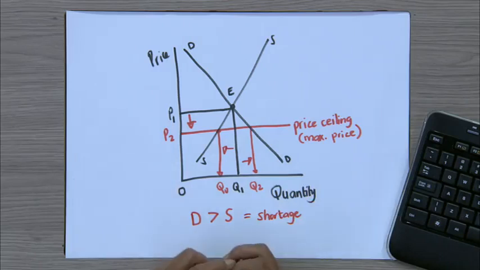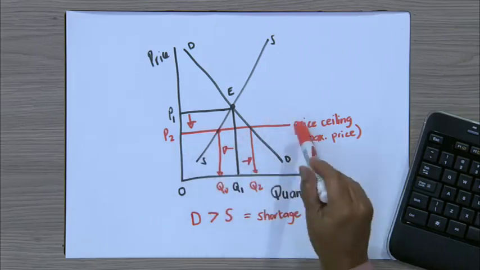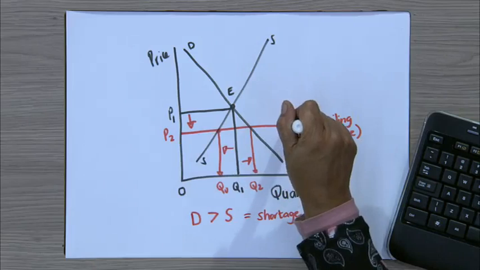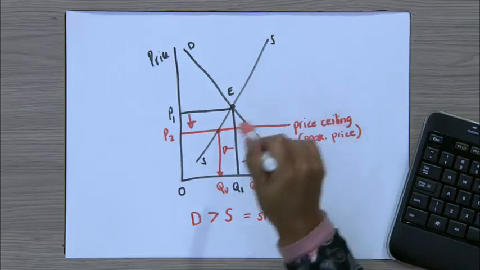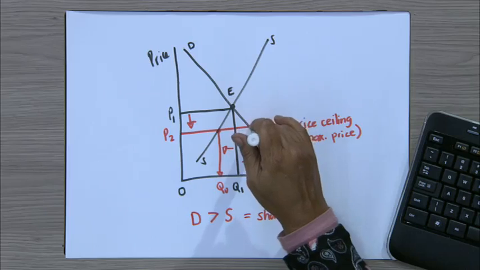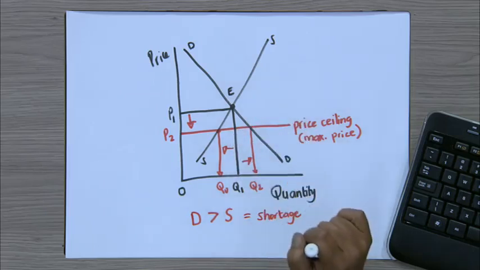And normally when that happens, the price gets pushed up. But in this instance, we cannot push up the price because government said that is the price at which it must be sold. So we need those suppliers to be supplying to meet up with the demand.